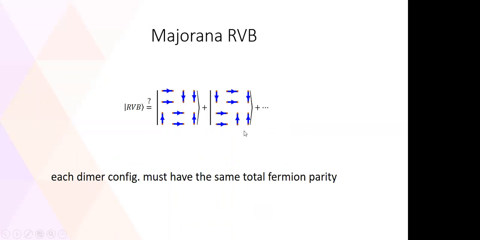And a thing we need to be careful of is that in this superposition of Majorana states, we want all the Majorana configurations to have the same total fermion parity, because it's kind of unnatural to stumble across a state with undefined total fermion parity.